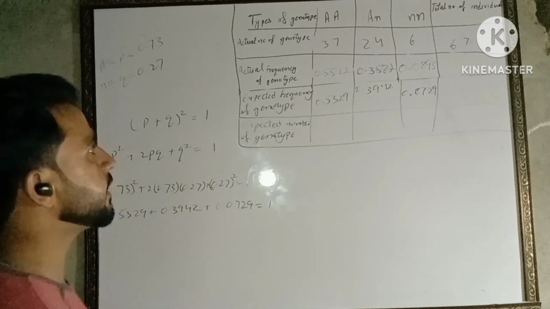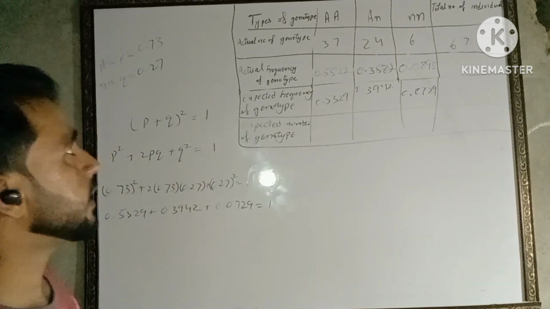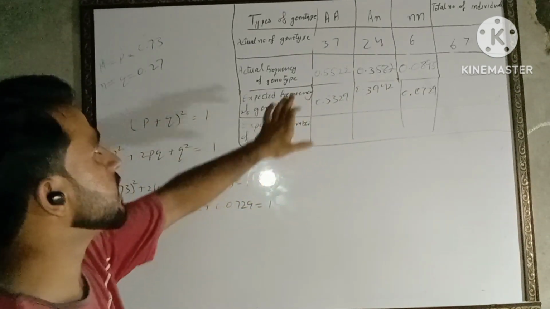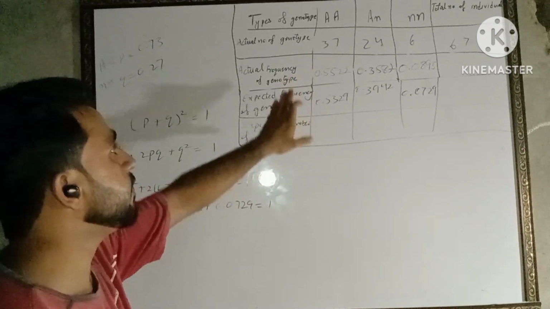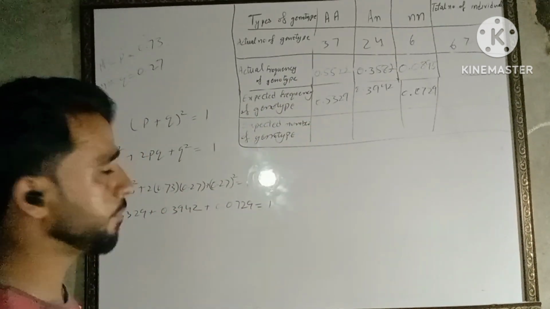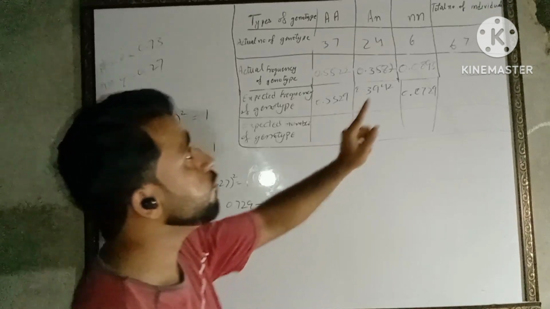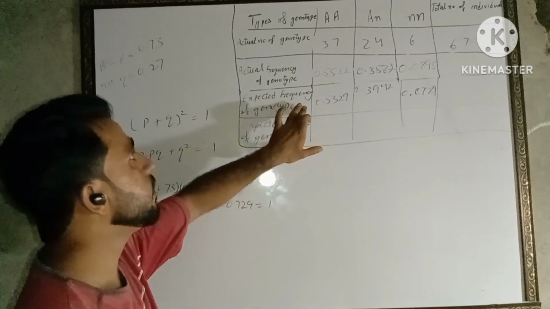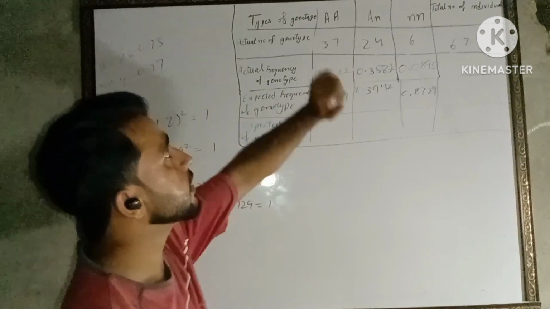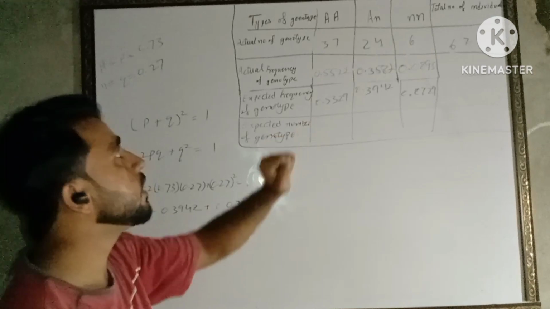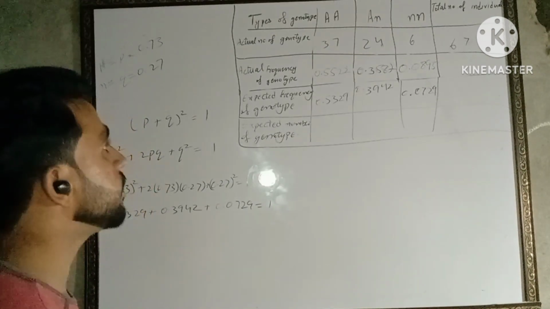How will we find the expected number of genotype? If we multiply the total number of individuals with the expected frequency of the respective genotype, then we will find the expected number of the genotype.